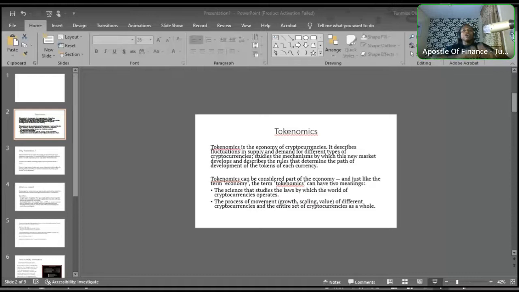If you hold Atom, if you hold Juno, if you hold Luna, you become a stakeholder, which means holding that token indicates that you have a stake in that ecosystem. So if you are holding Cosmos and Atom now, you are a stakeholder in the Cosmos ecosystem.